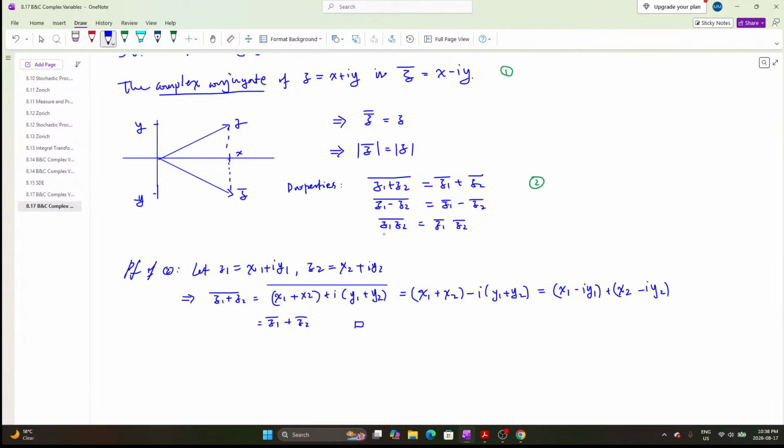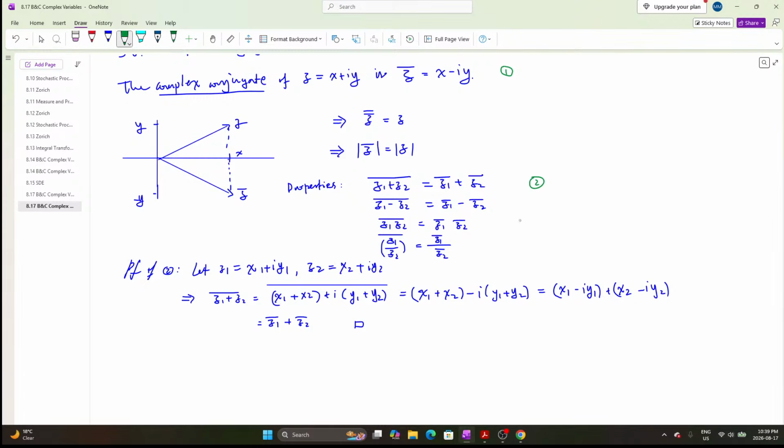Next up you have the conjugate of the quotient z1 over z2, which is also the quotient of the conjugates. So this is extremely well behaved.